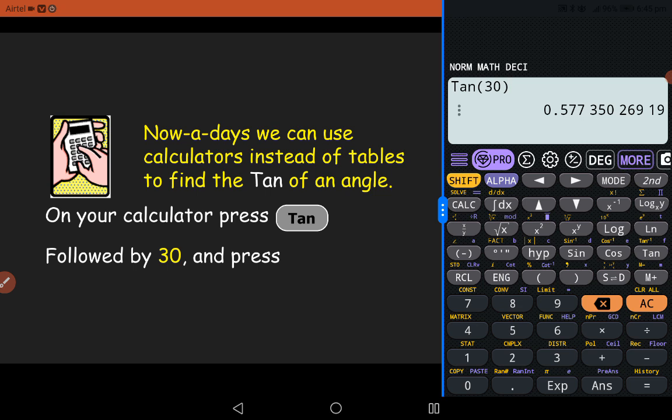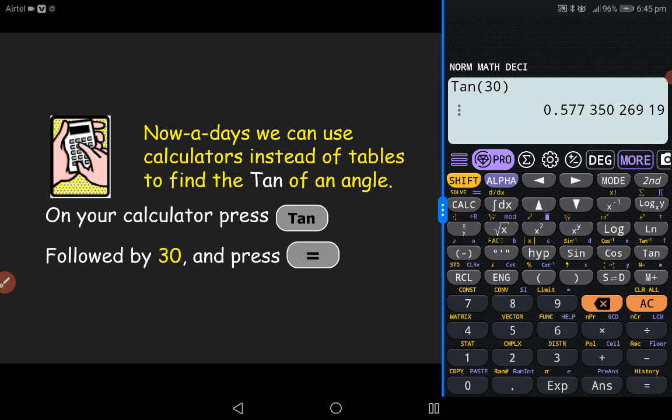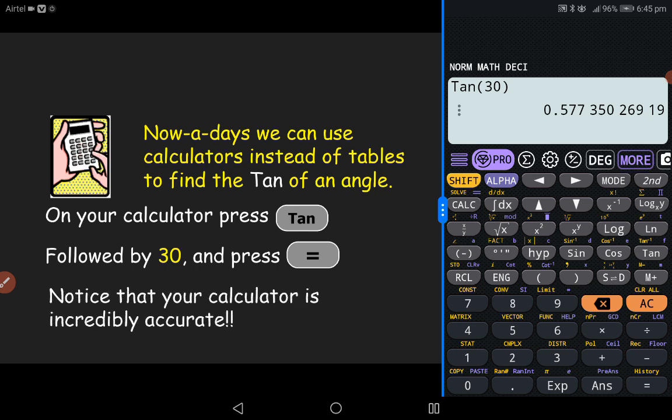What you are going to find when you press the equals sign, or sometimes you don't need to press the equals sign, is that the value is already displayed even before you press the equal sign or the answer key. This will give you a value which is just like the one obtained by using tables.